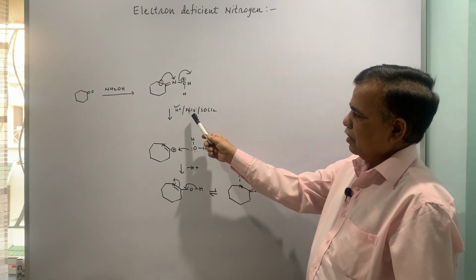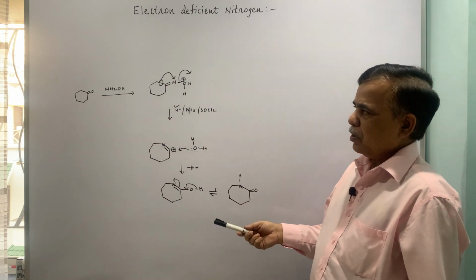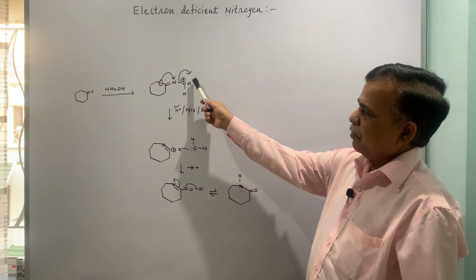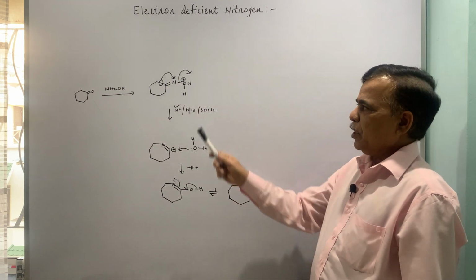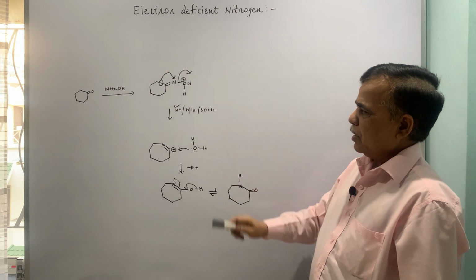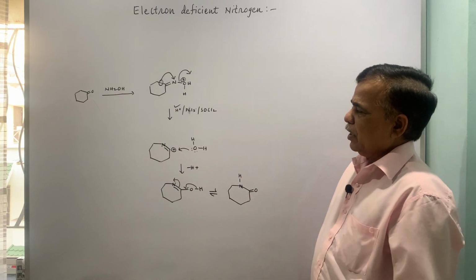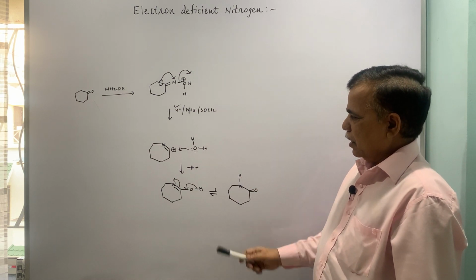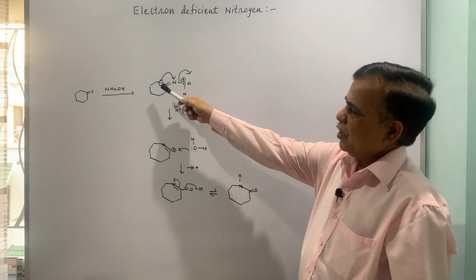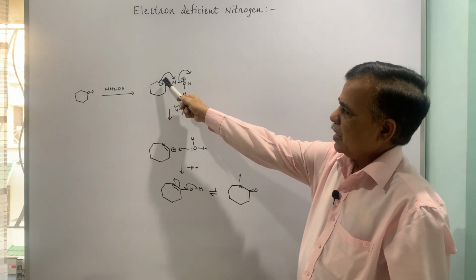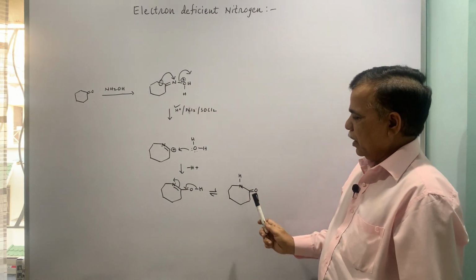Now all these reagents can be used, because the purpose of all these reagents is to convert OH into a better leaving group like OH2 plus. In these two cases it will be converted to Cl, and that will facilitate the migration of this alicyclic ring, and that is how you get the ring expansion.